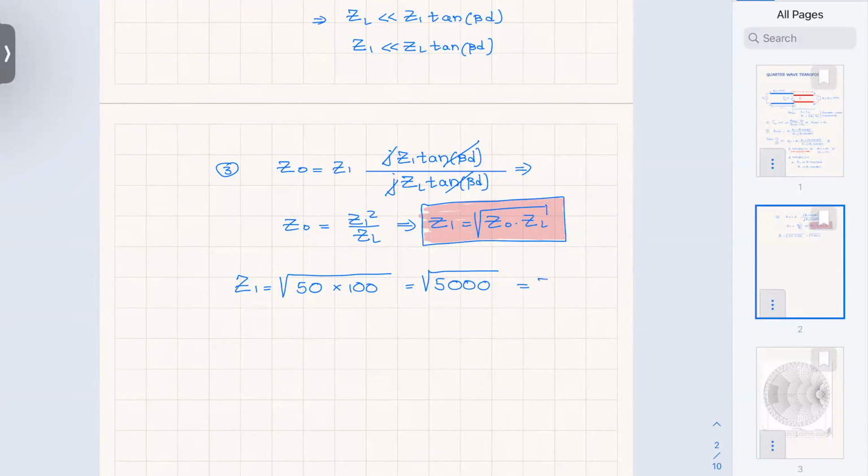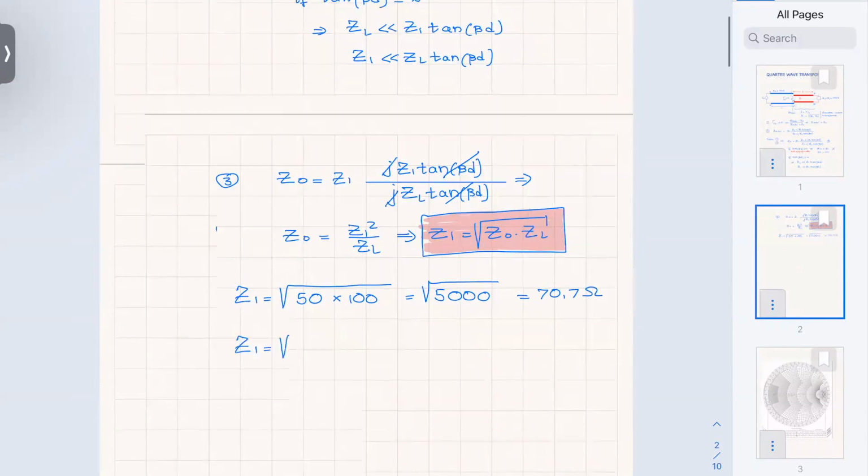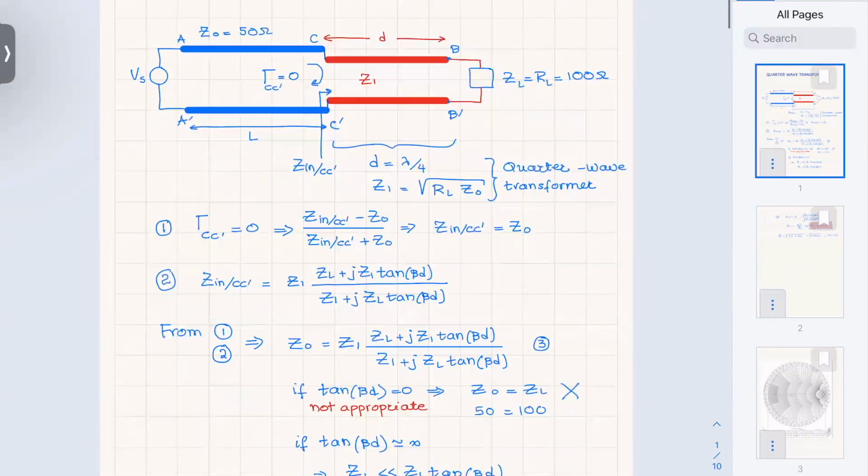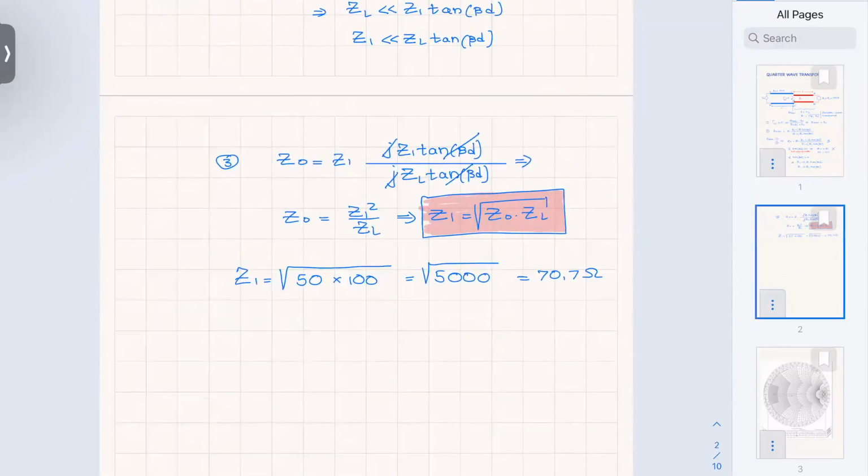So this gives me 70.7 ohms. So that tells me that if in this problem, I make d a quarter of a wavelength at whatever frequency we are, and the characteristic impedance 70.7 ohms, then I can match this 100 ohm load to a 50 ohm line. And therefore, whatever power goes from the source in the line, it all gets delivered to my load.